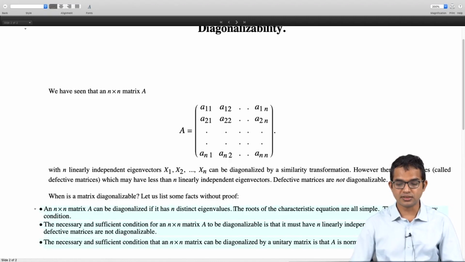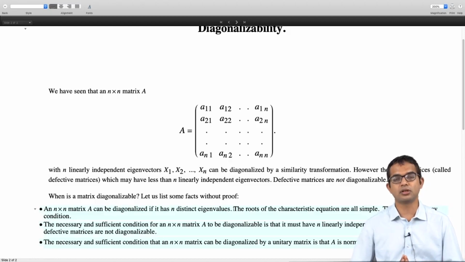Now a general necessary and sufficient condition for an n by n matrix is that it must have n linearly independent eigenvectors. So in other words, it must be not defective, right? So the statement that a matrix is not defective is the same as the statement that it is diagonalizable.